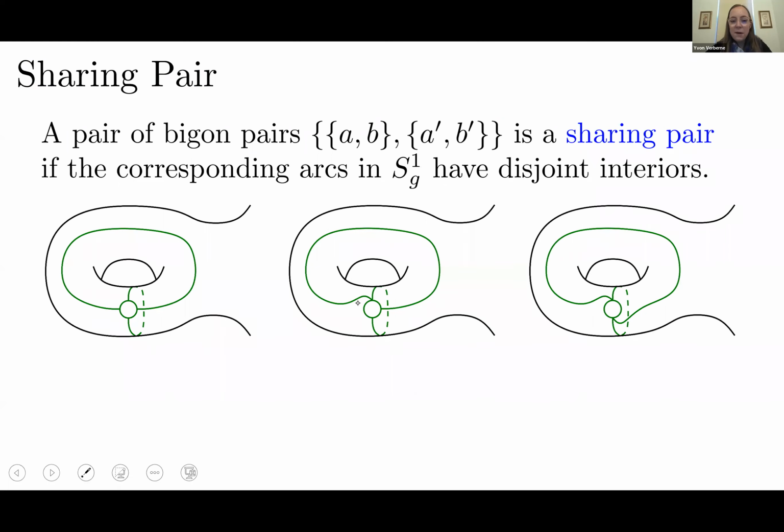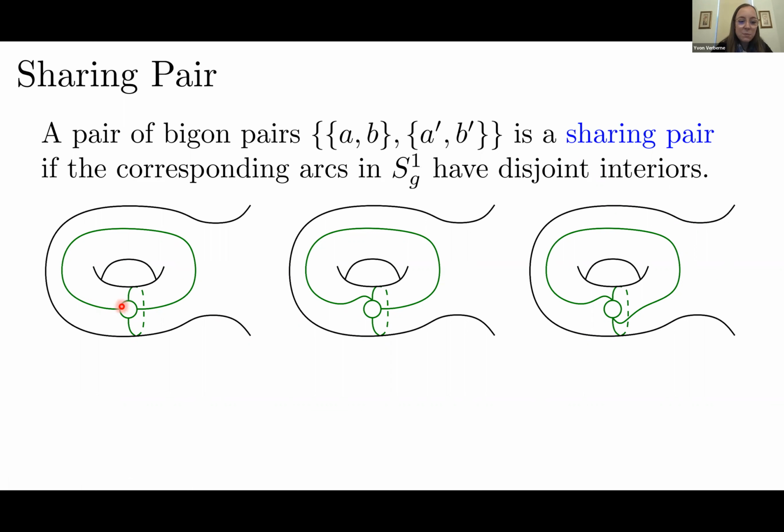So if I have a pair of Bigon pairs, AB and A prime B prime, we say that they are a sharing pair if the corresponding arcs in SG1 have disjoint interiors. The way I like to think about this is when you look at the two Bigon pairs, here we have one that goes around one part of the genus and one that wraps around the second part.